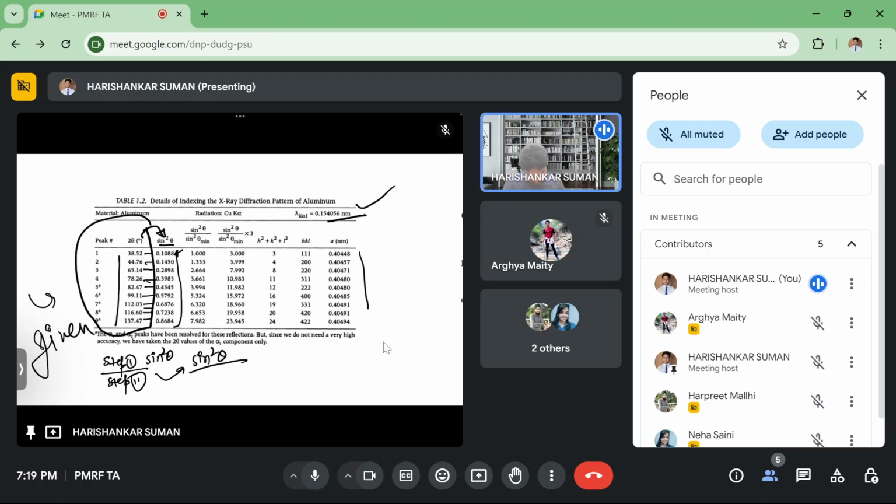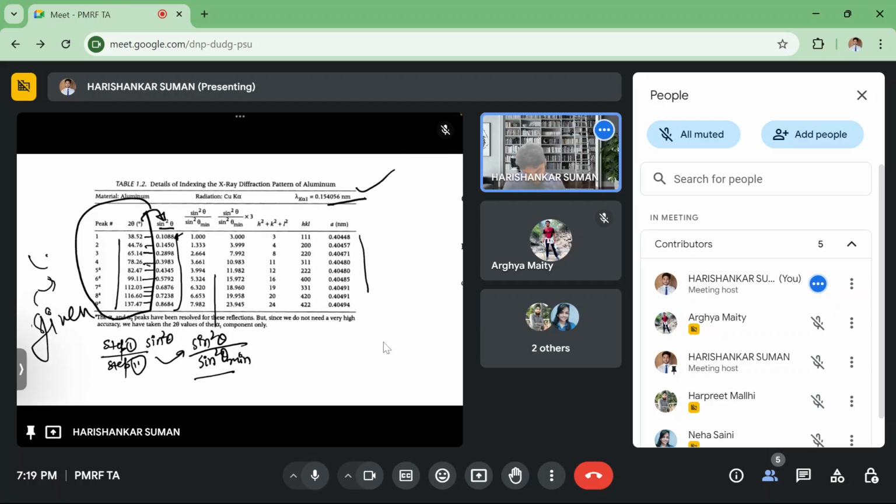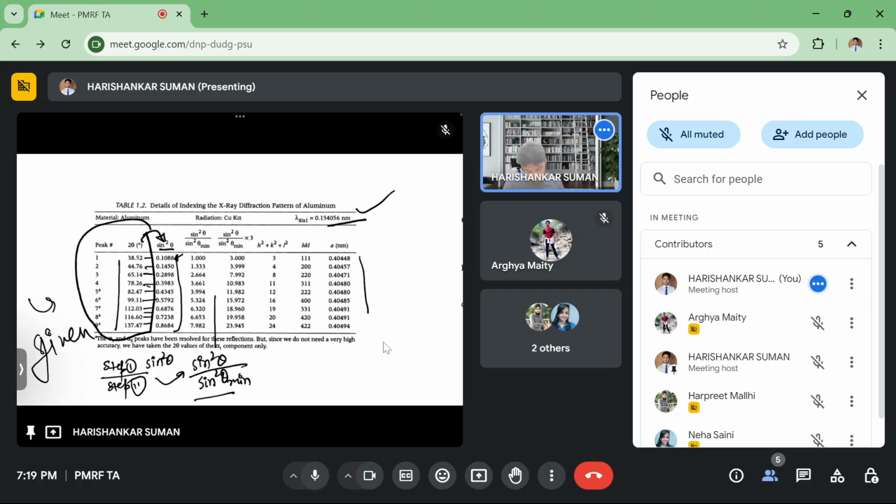Then this is the value. Then multiply by a number to get perfect integers. We can multiply by 1, 2, 3, 4. Here if we multiply by 3, then we will get 3, 4, 8, 10, sorry, 11, 12 approximately.